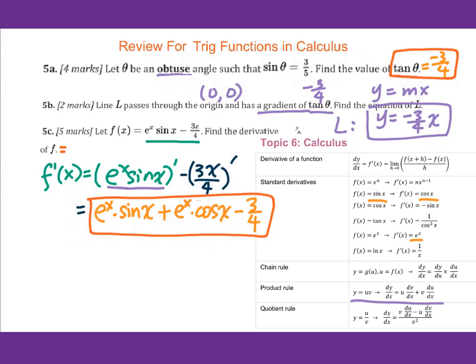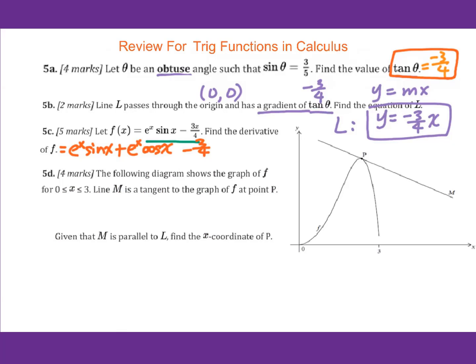Let's write down e to the x power sin x plus e to the x power cosine x, then minus 3 over 4. Let's go to 5d. The following diagram shows the graph of f for x between 0 and 3.